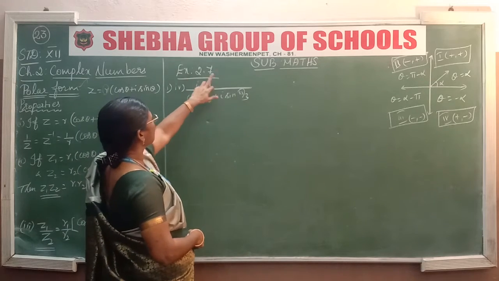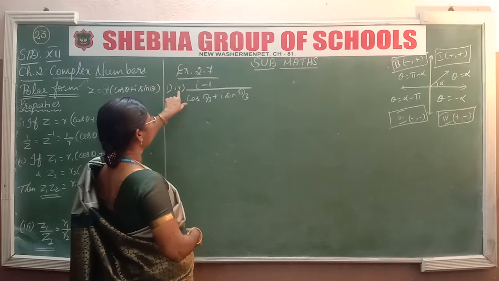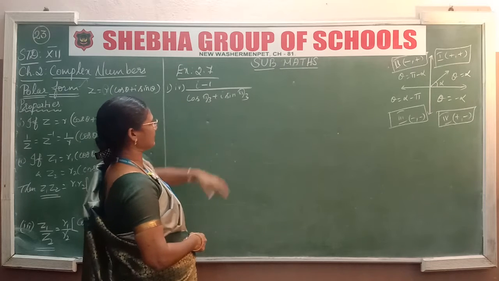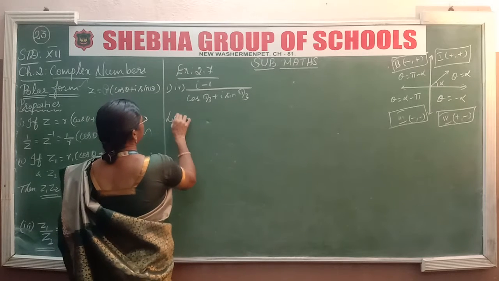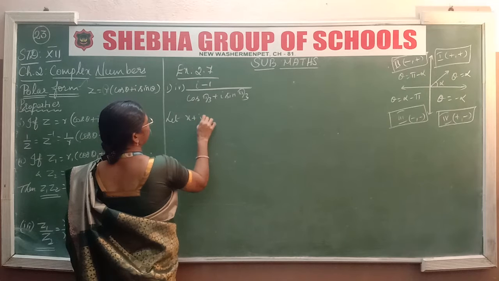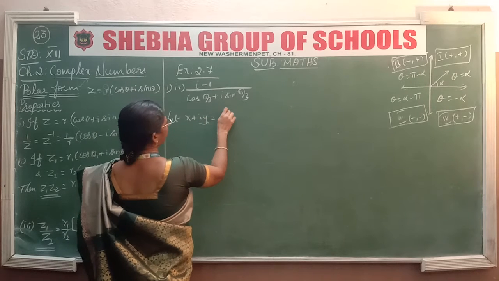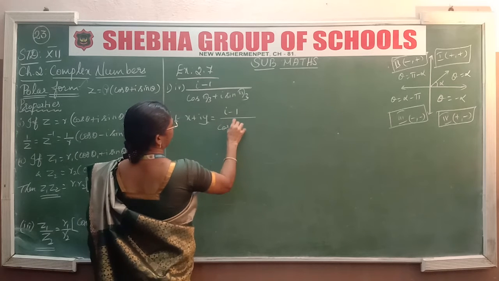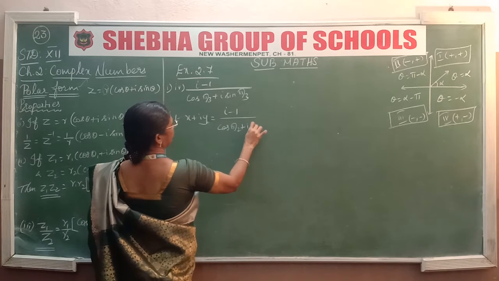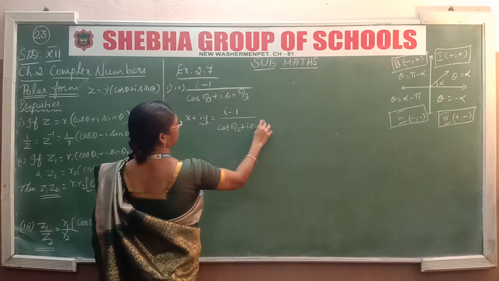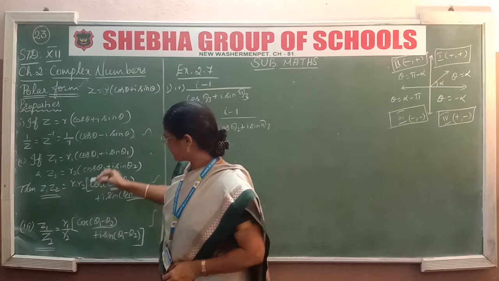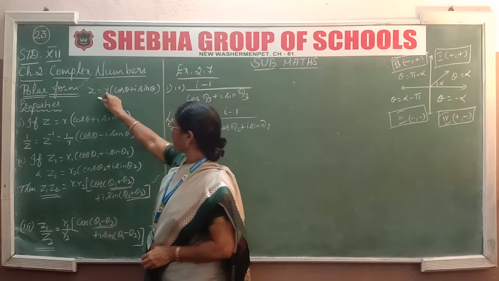Listen, exercise 2.7, first Roman letter, fourth sum. That is i minus 1 by cos pi by 3 plus i sin pi by 3. First we assume this as x plus iy equal to i minus 1 by cos pi by 3 plus i sin pi by 3. Listen to the properties and the general form of polar form also.